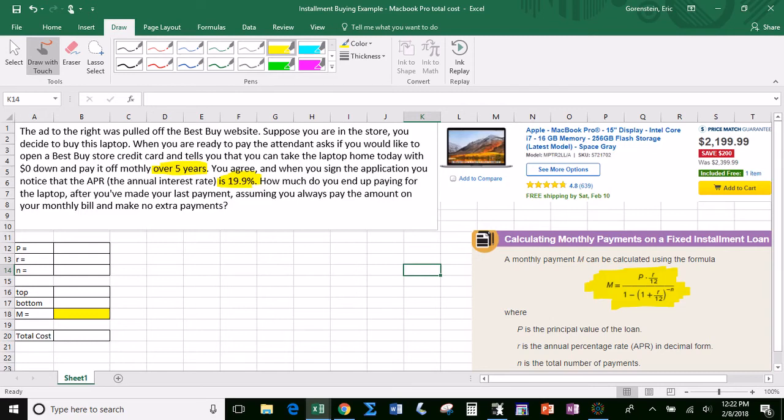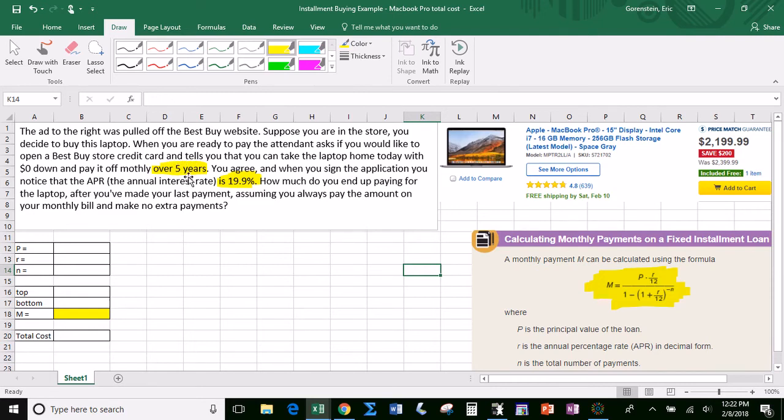All right, well, let's see what's going on here. In 5 years, how many payments are you going to make? Well, you're making payments once a month, 12 months in a year. So every year you're making 12 payments. So the total number of payments you're going to make should be 12 times 5.